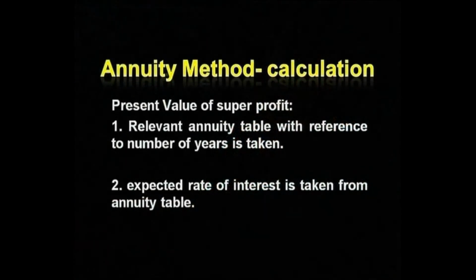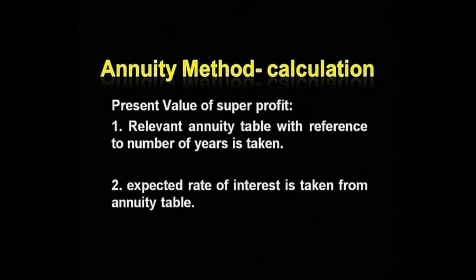So, let us understand the calculation mechanism of goodwill under the annuity method. Firstly, the present value of super profits is to be ascertained. How are we going to do this? The relevant annuity table with reference to the number of years is taken. Then out of it, the expected rate of return is taken from the annuity tables.